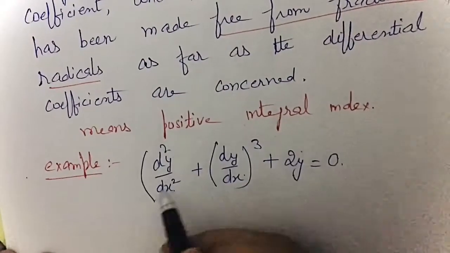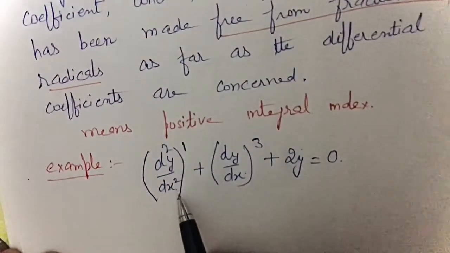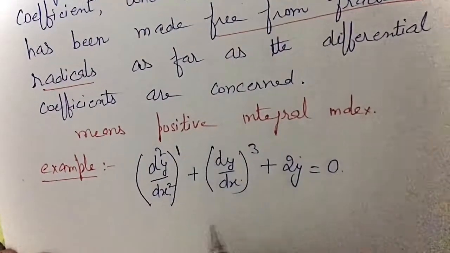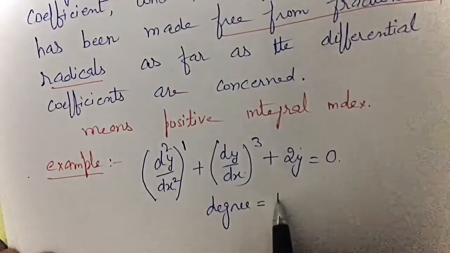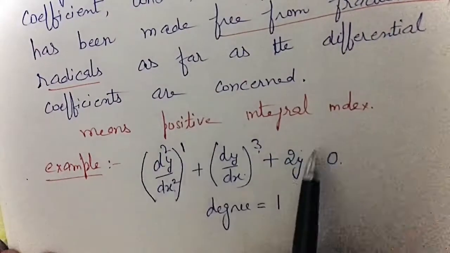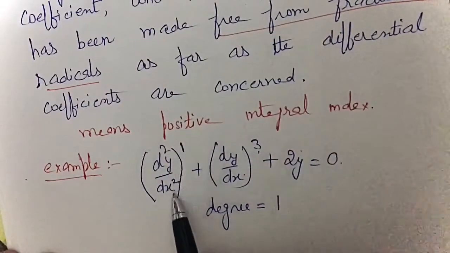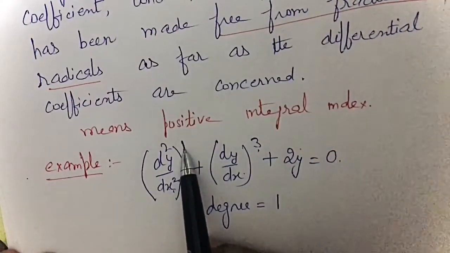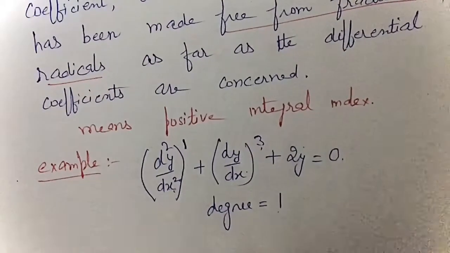Now the power of the highest order derivative is called the degree of a differential equation. So the degree of this differential equation is equal to 1, not 3. First of all, we find the highest order derivative term and then we take the degree of that highest order term. So the degree of this differential equation is equal to 1.